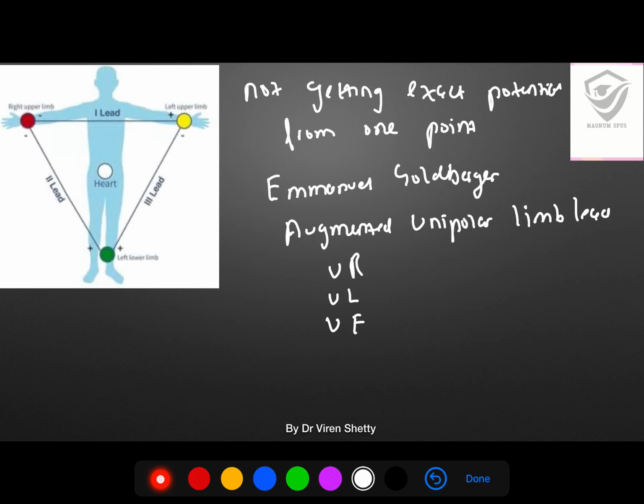But when he gave VR, VL, VF, we understood that it was not having that much amplitude. That is why we augmented it. We increased the amplitude and we got AVR, AVL and AVF. So here is where they have placed it. AVR, that is right, AVL, that is the left, and then AVF, that is the foot.